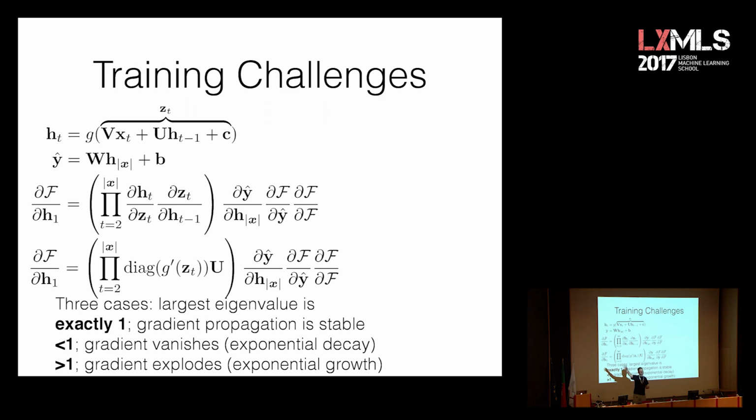If you make a mistake about a prediction at the end of a sequence, you can't actually tell the beginning of the sequence, hey, could you please change your parameters so that I can make a good decision at the end. They just kind of forget over time. They tend to be very forgetful.